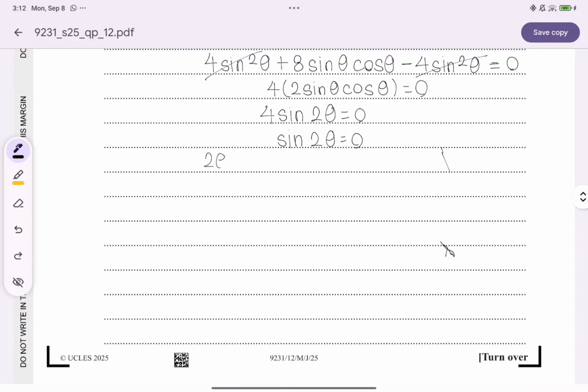So hence our 2 theta would be 0, pi, 2 pi, 3 pi, and 4 pi.